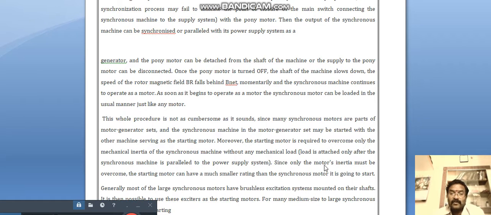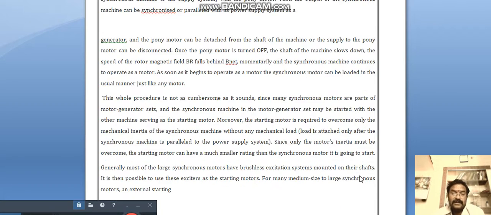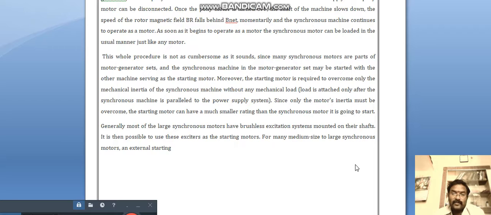Since only the machine's inertia must be overcome, the starting motor can have a much smaller rating than the synchronous motor it is going to start. Generally, most large synchronous motors have brushless excitation systems mounted on the shafts, and it is possible to use these exciters for starting the motors.